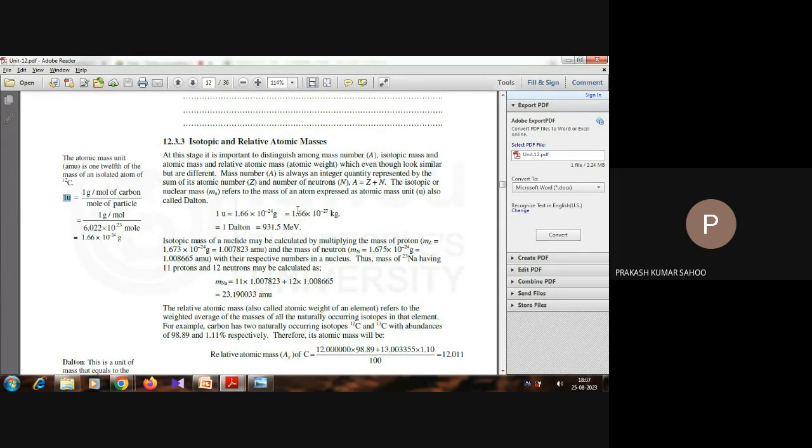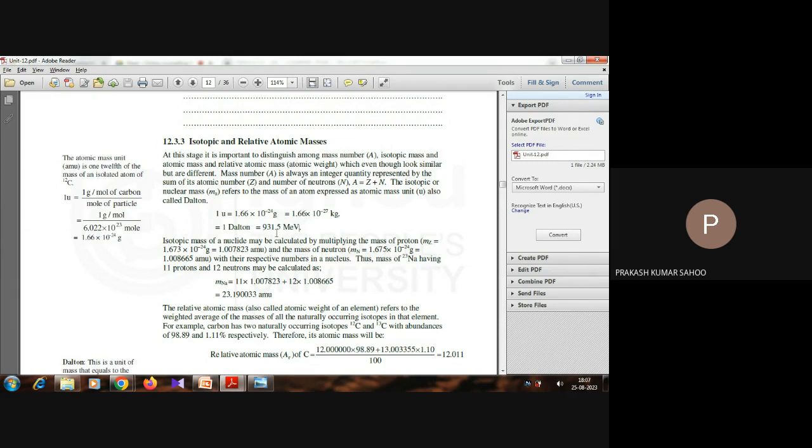And by converting this much weight to the corresponding energy using Einstein's mass-energy equation, that is mc square, if I multiply this with c square, that is 3 into 10 to the power 8 meter per second, squared, then the net energy generated will be 931.5 mega electron volt. Mega means million, that is 10 to the power 6.